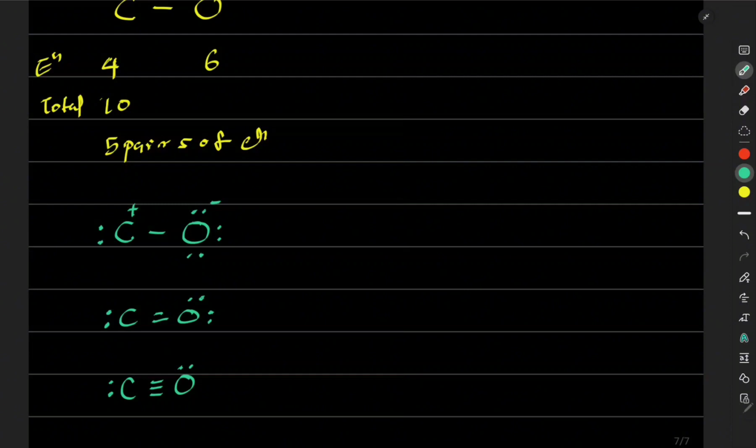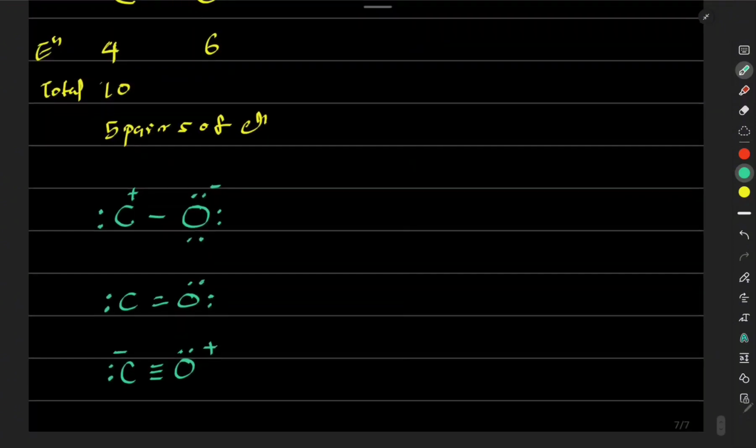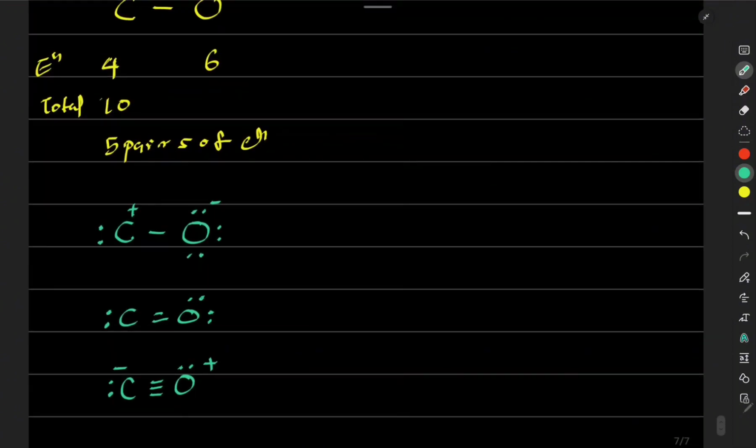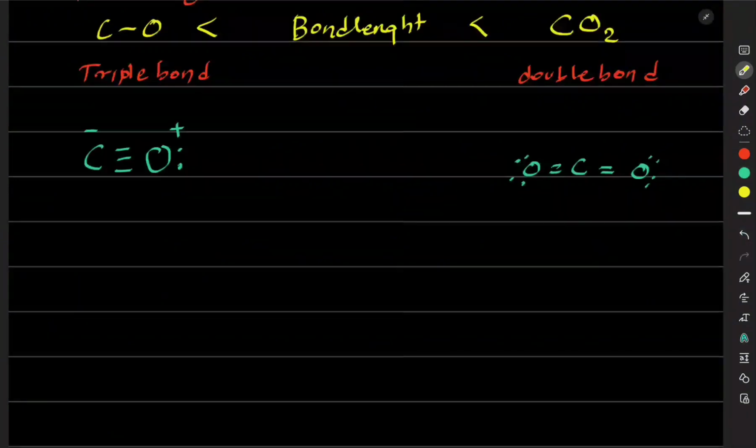Now the octet rule is completed, but the charge is not balanced. Oxygen has 5 electrons near it, therefore it receives a plus charge, and carbon has 5 electrons near it while it originally has 4, therefore minus. This is a dative bond.